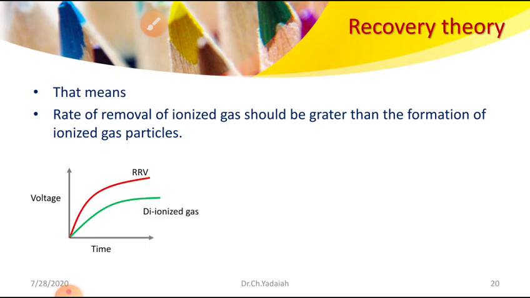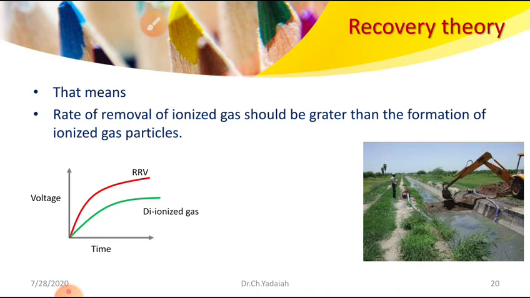Here RRV, the rate of rise of voltage, tries to ionize the particles, and that should be greater compared to the deionized gas. So if deionized gas is less compared to the rate of rise of voltage, then automatically the arc persists for the next cycles.